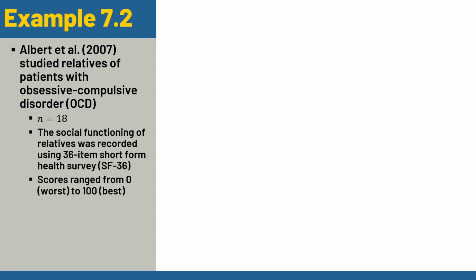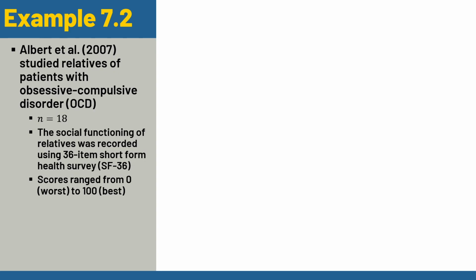So in 2007, Albert et al. studied relatives of patients with obsessive compulsive disorder, or OCD. And their sample size was 18. And they measured the social functioning of relatives using this 36-item survey.